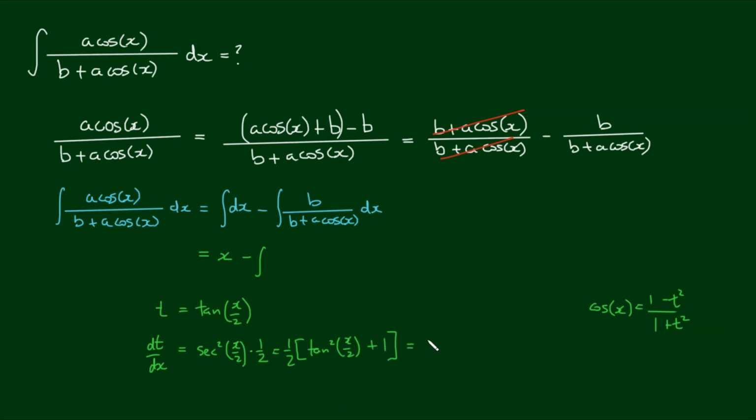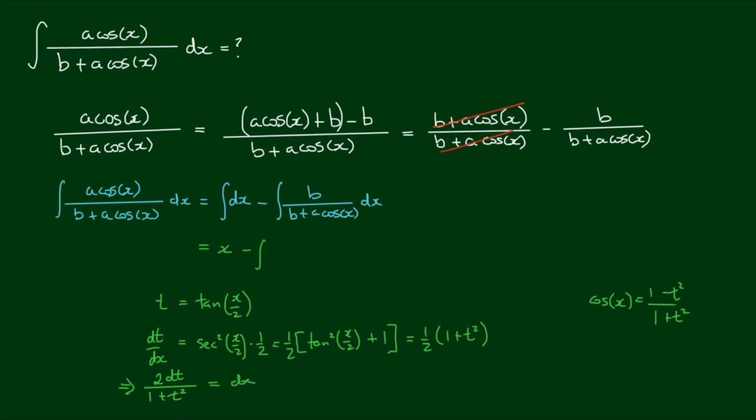So this gives us back a half of 1 plus t squared if I switch these terms around.